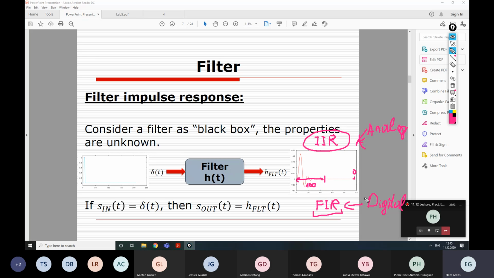We will talk, of course, more of the digital filters for our simulation today in our practical exercise, because we are going to use MATLAB, Octave, the same. And well, we happen to work with digital data in that software, right? So that's an impulse response.